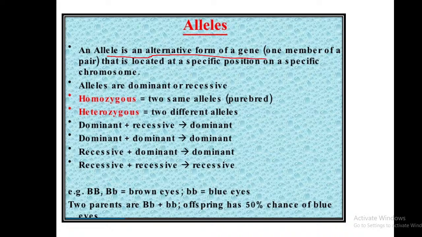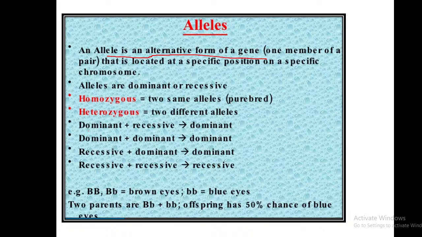Alleles can be homozygous or heterozygous. Homozygous means two same alleles for a character. Heterozygous means two different alleles.